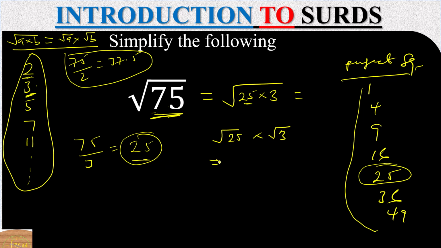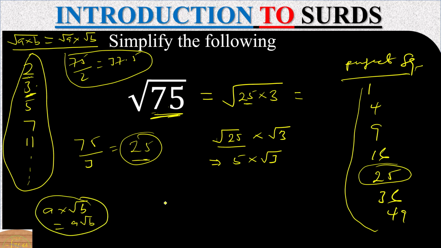This one is a perfect square and we know it's 5, so 5 times √3. Now, in case you have √a times √b, it is the same as √(ab), so this one will be 5√3. All right, so we say this one is in its basic form. Okay, so that's the answer.